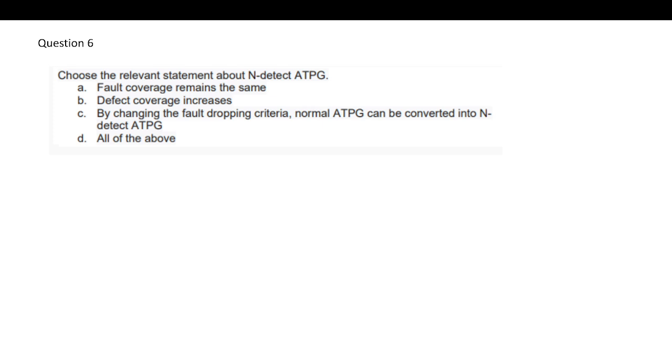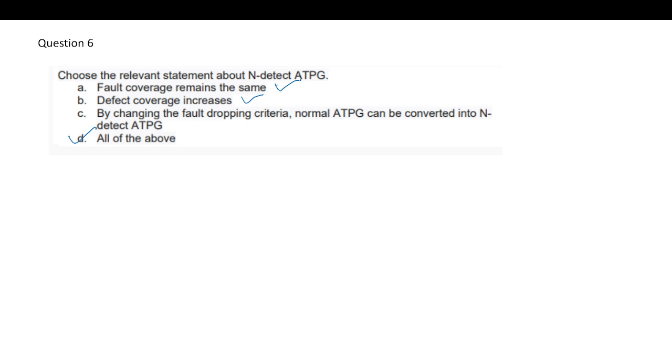Next question, choose the relevant statements about n-detect faults. Fault coverage remains the same, yes. Defect coverage increases, yes, so it is all of the above. Defect coverage increases because a stuck-at fault we detect n times could have been detecting some other bridging fault.